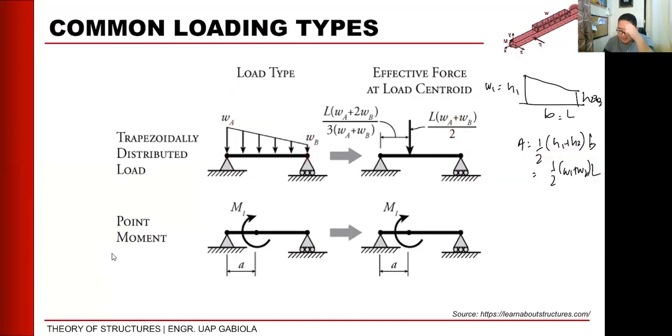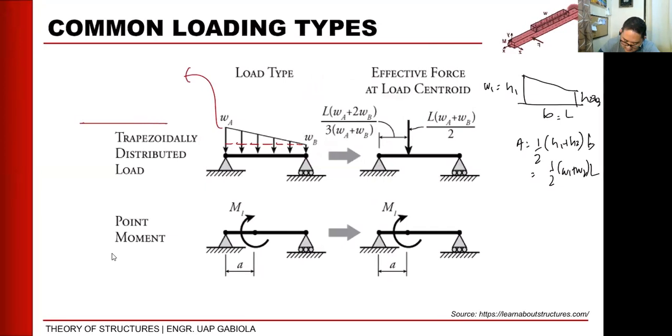Pero may mas madali siyang paraan na hindi niyo na kailangan i-memorize to kasi mahirap tong i-memorize yung length, yung distance niya. Okay? Since trapezoid yan, pwede tayong mag-divide ng section natin. Ito is pwede natin i-divide sa two portion. Yung two portion natin is meron siyang rectangle na part, meron siyang triangular na part. Okay? So, ibig sabihin, halimbawa, ito yung rectangular portion niya.